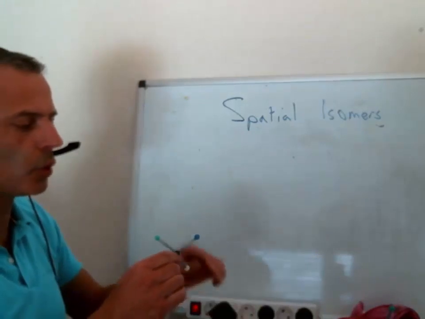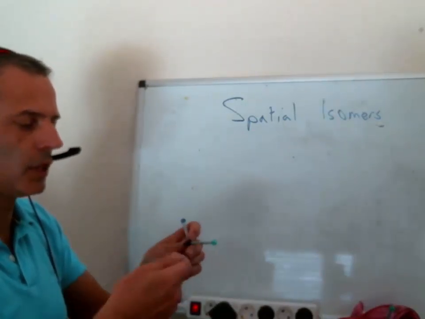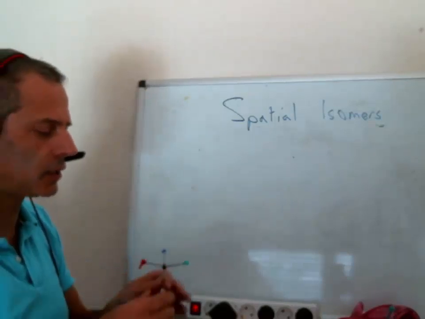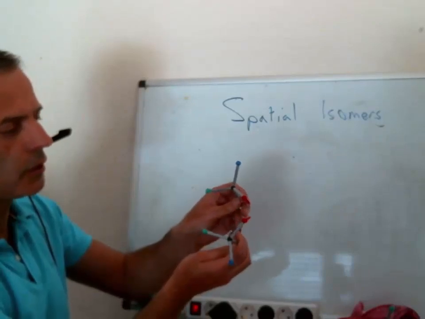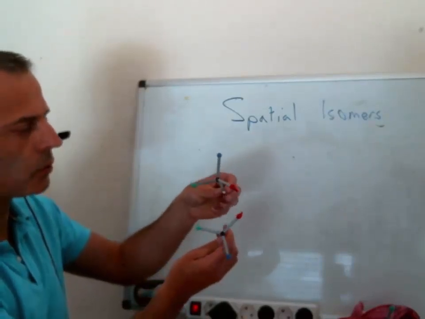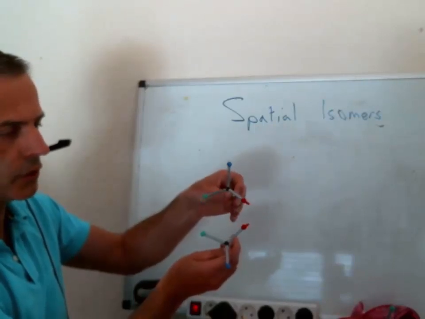However, if I swap 2 atoms round, so in this case I'm swapping the red and the green, it doesn't actually make any difference. If we look at this, we can see that if we hold them by the hydrogen, we get a reflection of each other.